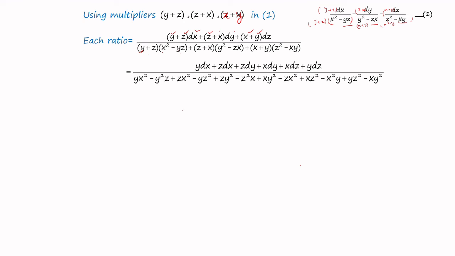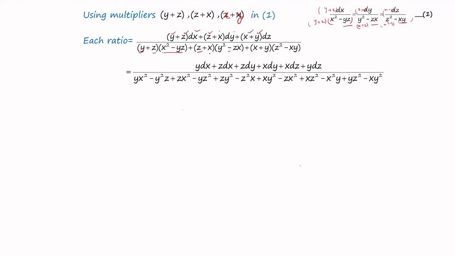Y into y is y squared z, plus this z is multiplied by these two terms: z into x squared, plus into minus you have minus, and z into yz, that is yz squared. And next one is plus z y squared, plus into minus you have minus z into z squared into x.